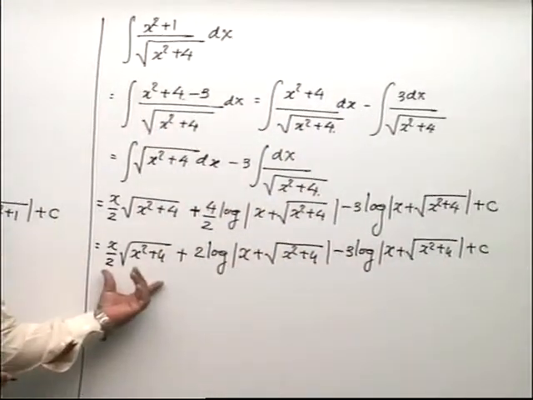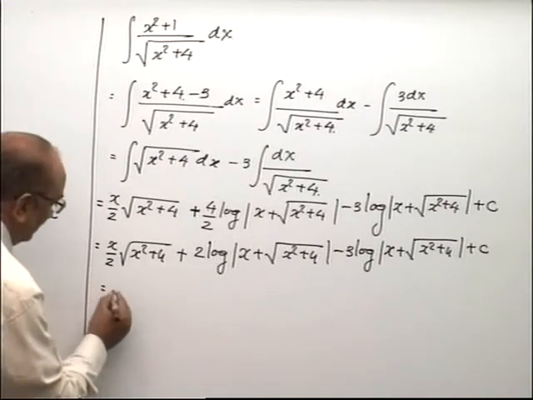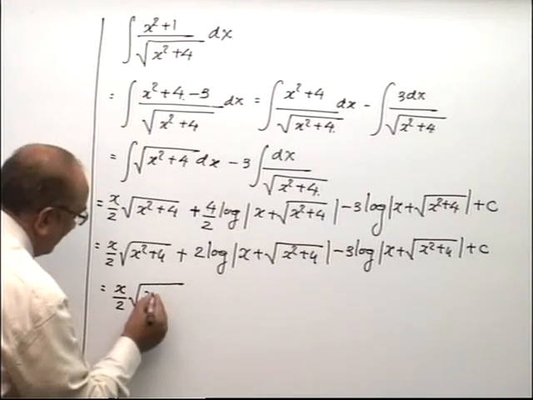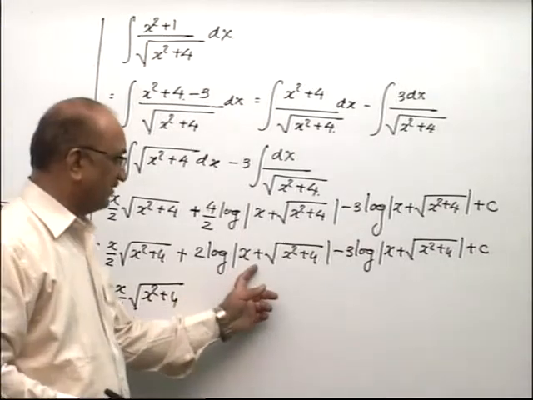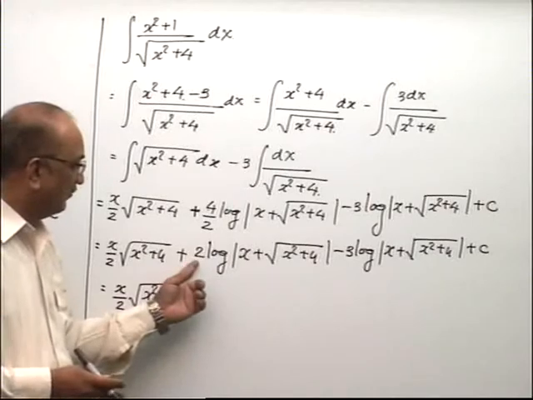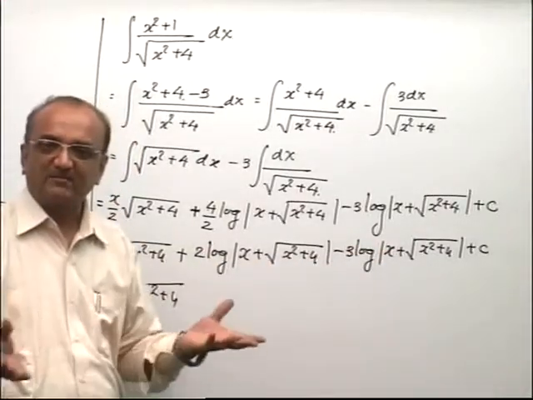Again the first step is as it is, no change, equal to x by 2 into root of (x square plus 4), no change. Are the coefficients of these two terms the same? Yes. What we get? 2 log minus 3 log, 2 minus 3, that is minus 1.